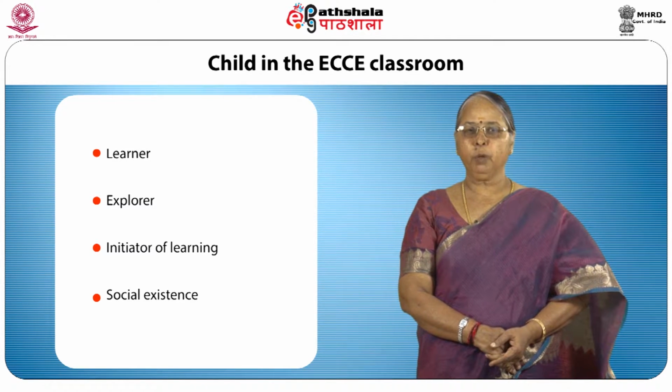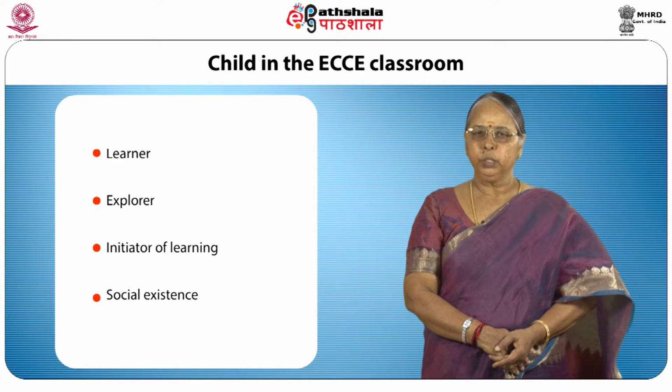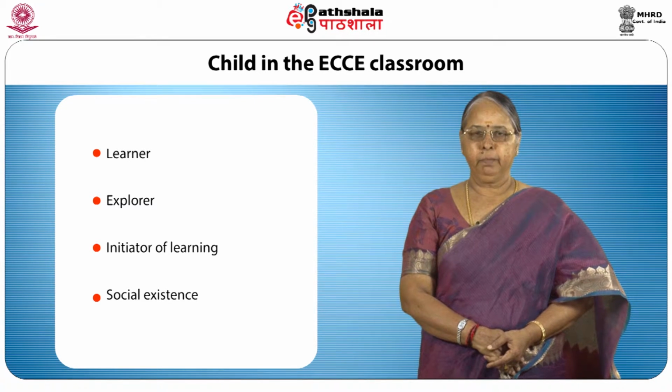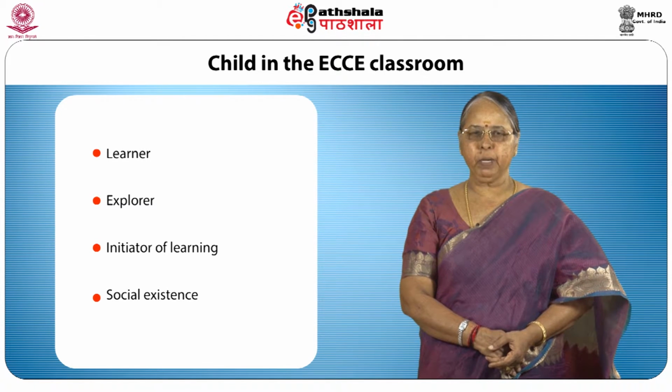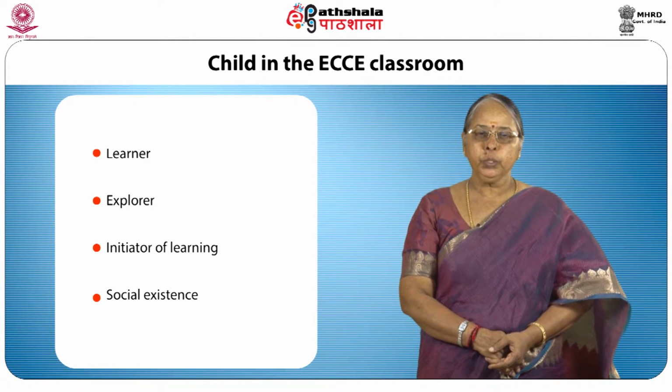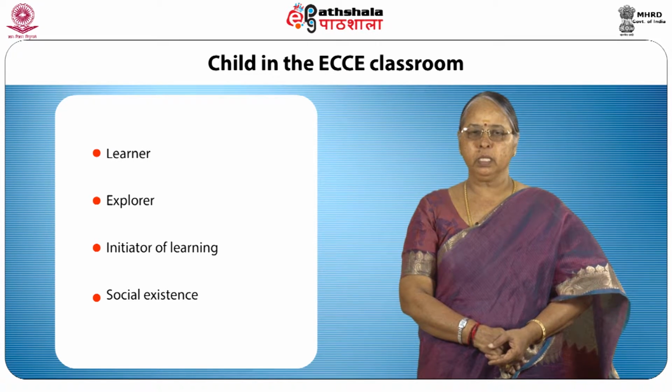Each child is a model himself, and other learners in the classroom also form social models to help in mutual learning. The early childhood professional aids in the social development process and also navigates the child's learning process.